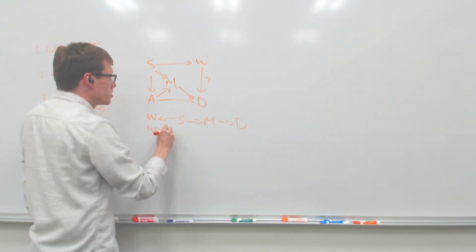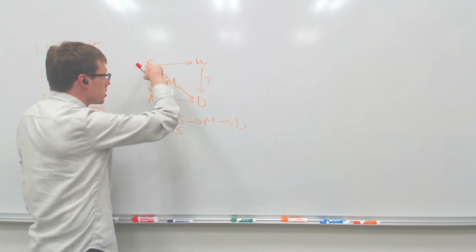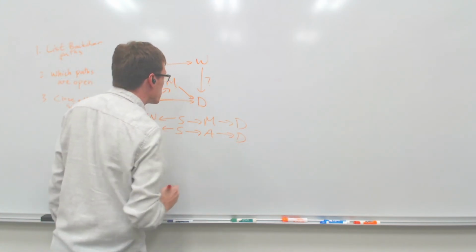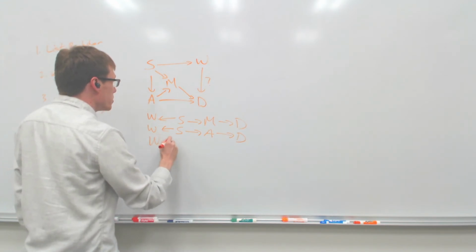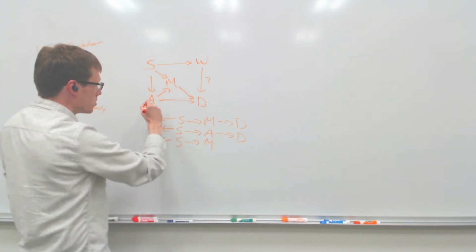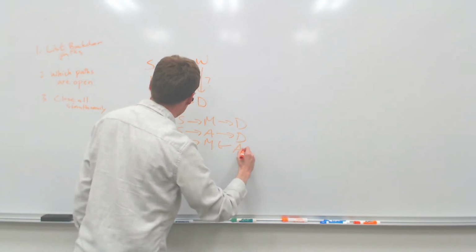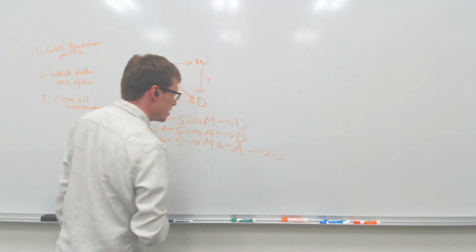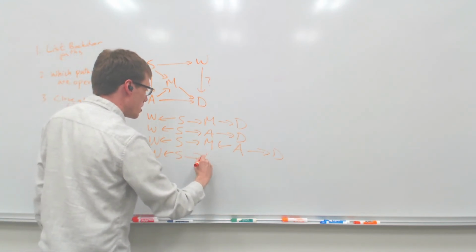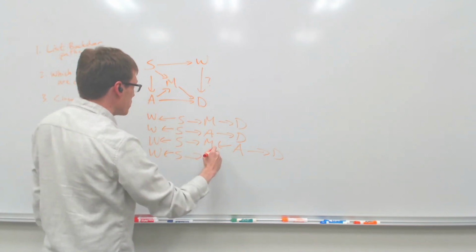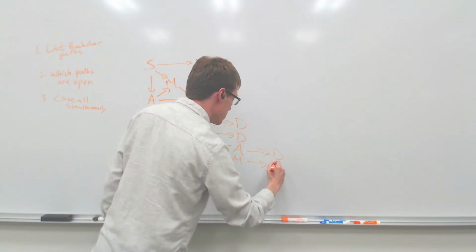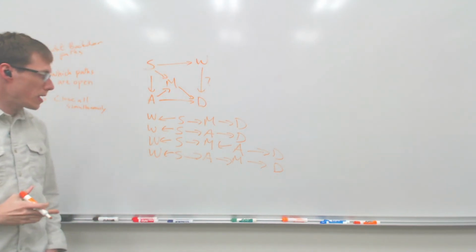We have W goes down to A and goes to D. We have W, S goes to M, goes back from A, and then that goes to D. And then we finally have W, S, A, and then we go up to M, and then we go to D. So these are the 4 paths.